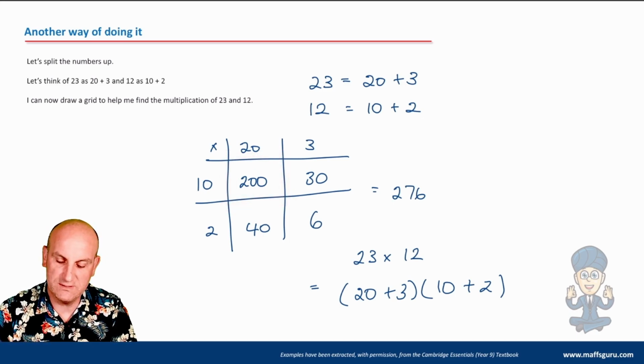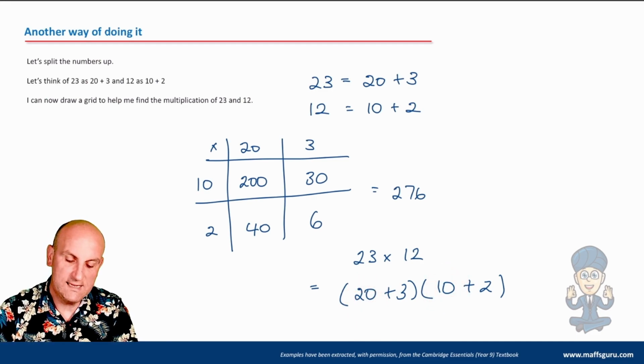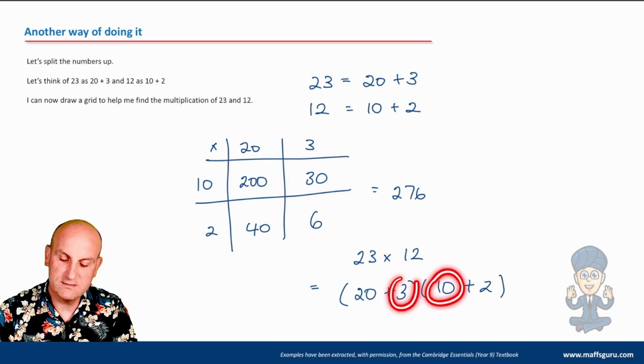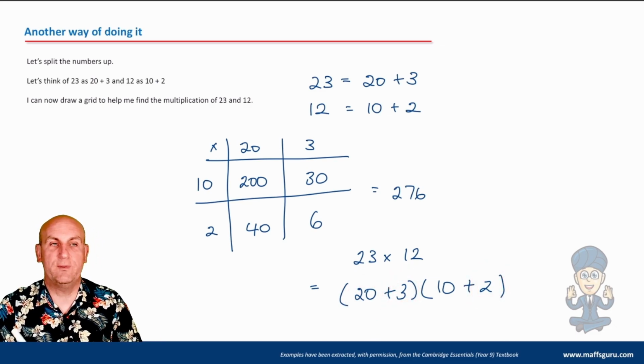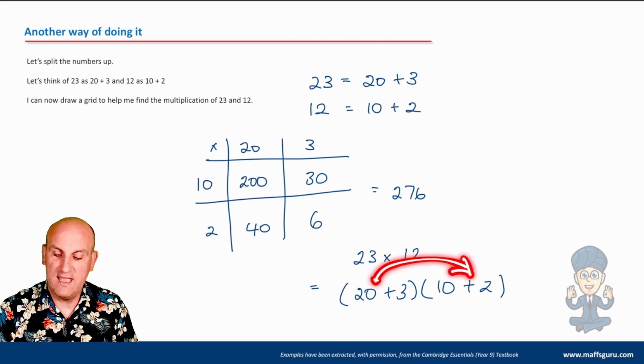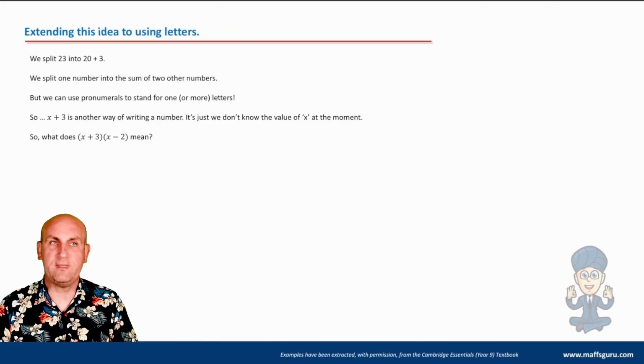That gave me one of the answers. We did 10 times 3. We did 20 times 2 and 3 times 2. Now, what we've actually done is we've multiplied everything in this bracket by everything in that bracket.